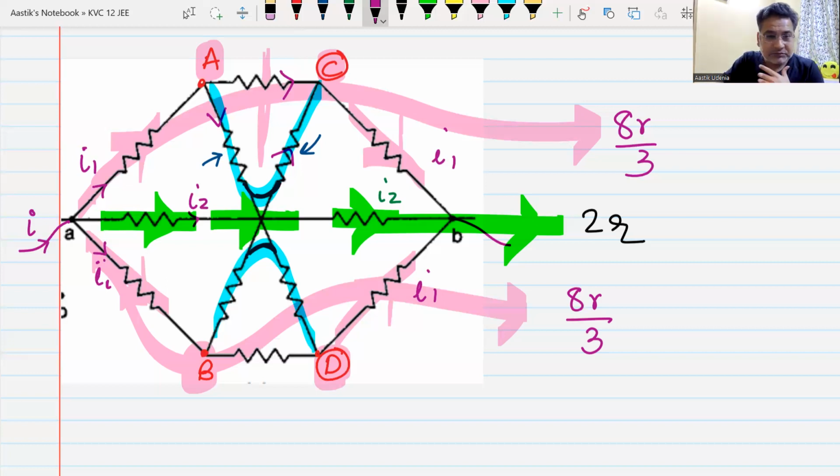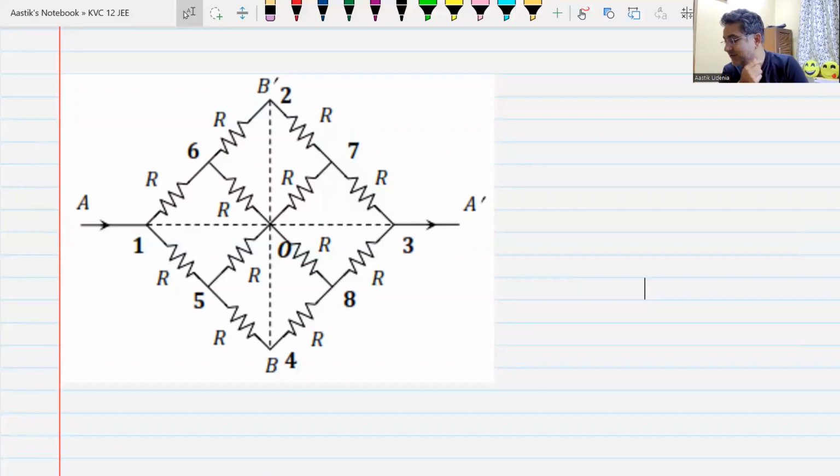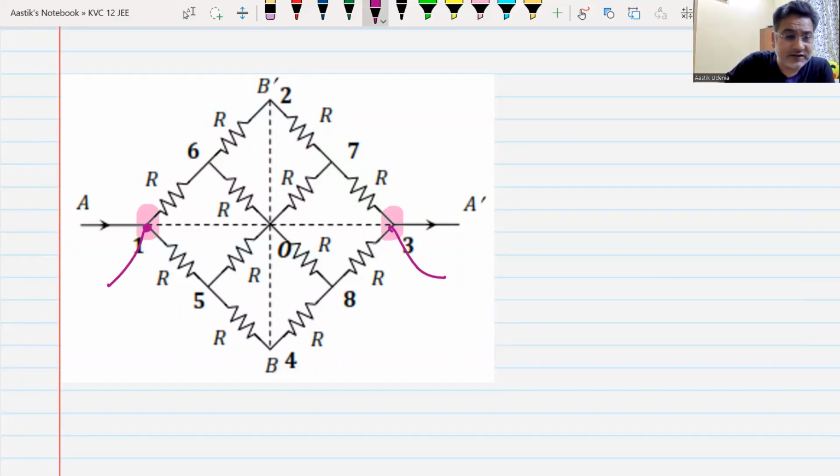You have to find the equivalent resistance between this point and this point. Look at the symmetry of the diagram. If you understand symmetry, voila, nothing like it. If you don't understand, don't worry, this question may not come.